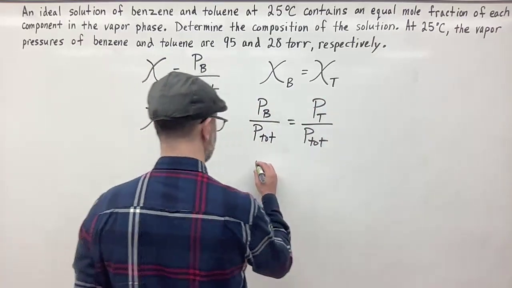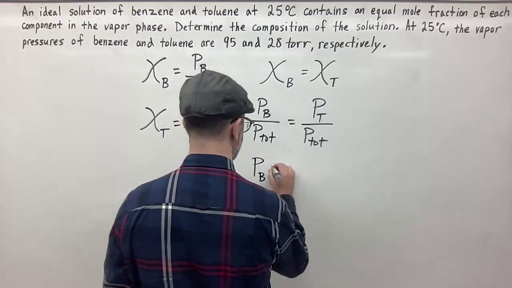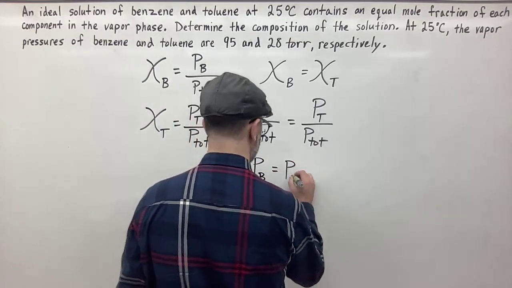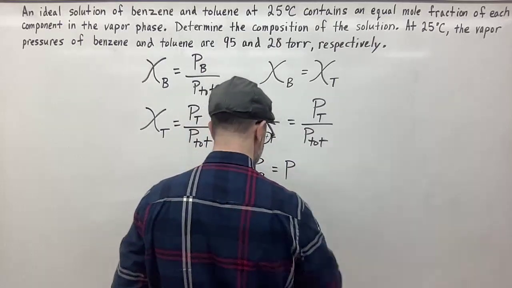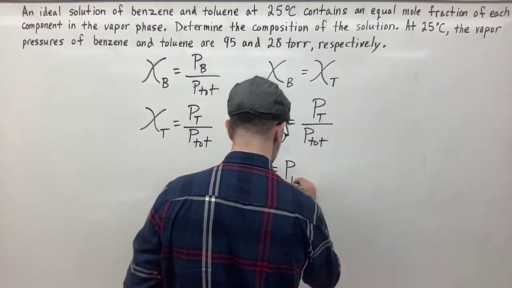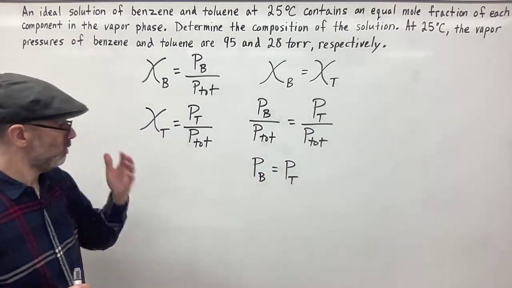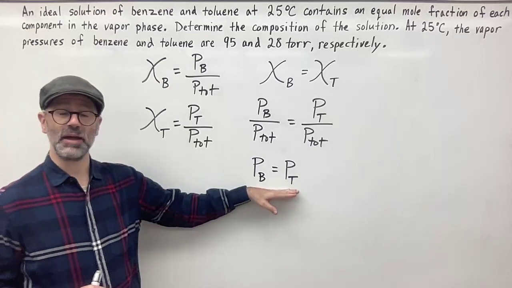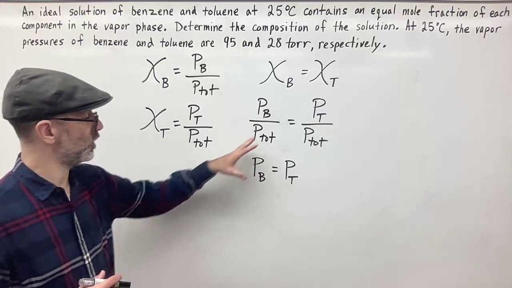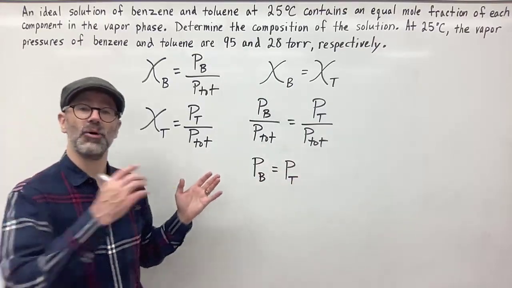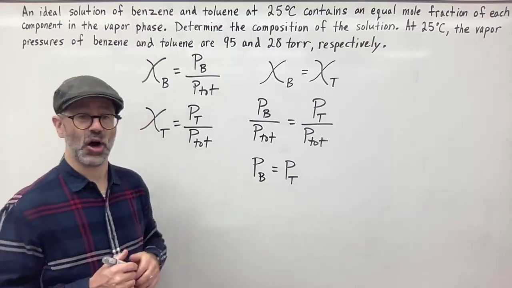So the vapor pressure of benzene is equal to the vapor pressure of toluene above the solution. We're talking about the vapor pressures. Okay, so the vapor pressures are equal. That's going to be a good thing to know because now we can go back to Raoult's law.